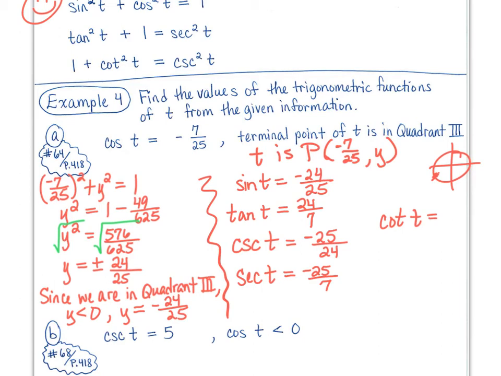So cotangent gives you what? Negative 7 over 24. Be careful. You're taking a negative and dividing by a negative. So that should be a what? Good. Everything else is right. So a positive 7 over 24. Good. What questions do you have?